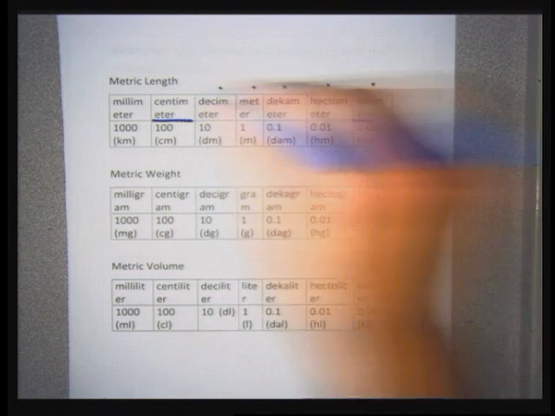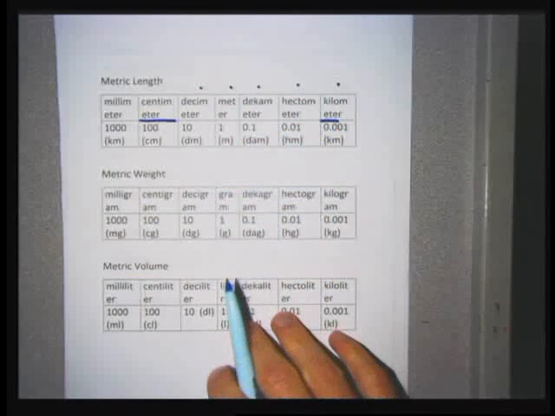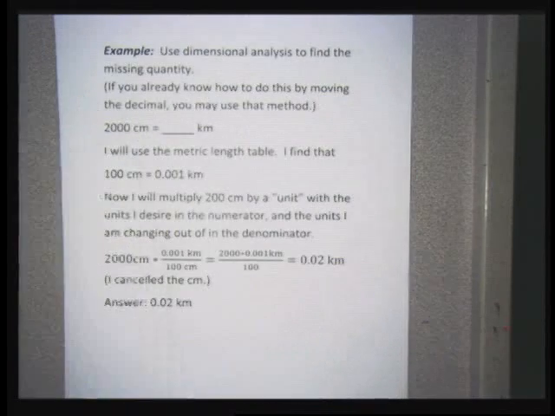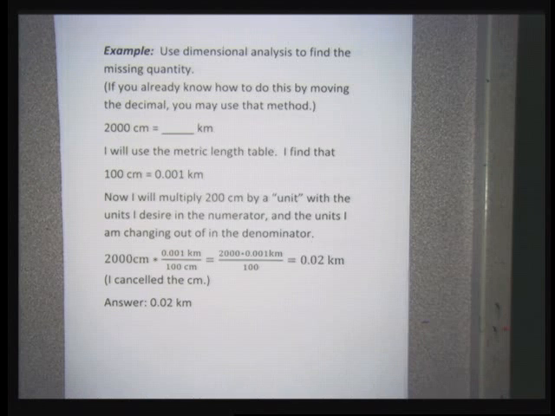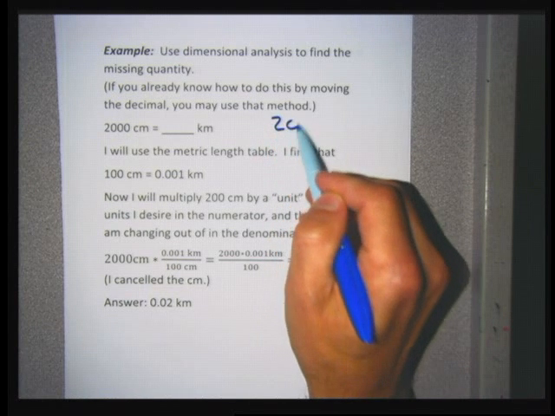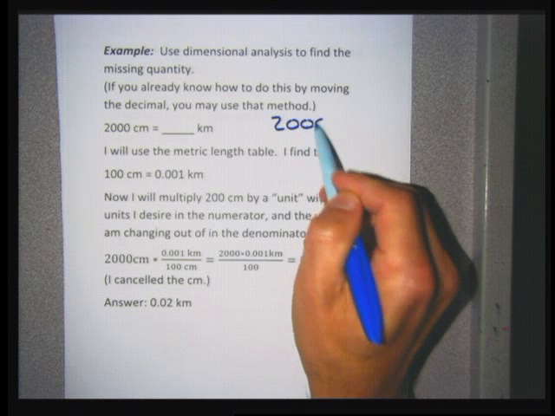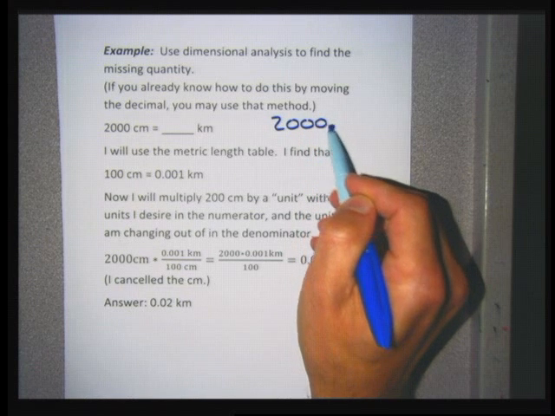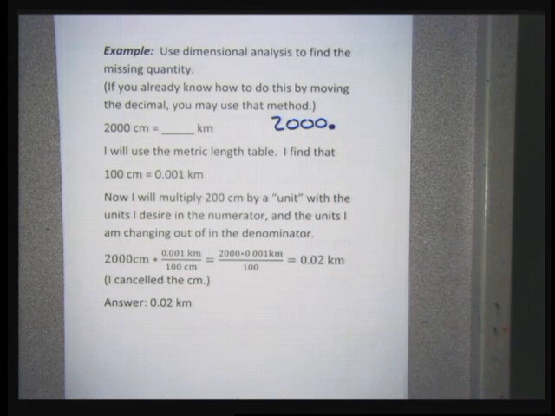So if I'm moving to the right, I move my decimal to the left. So to convert from centimeters to kilometers, I need to move my decimal 5 places to the left. Well, unfortunately, there isn't a decimal written in this number, so I'm going to have to insert it. So there's an implied decimal after the last 0 that's not needed.